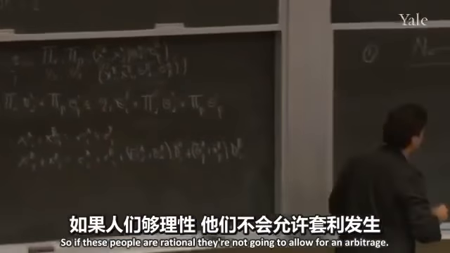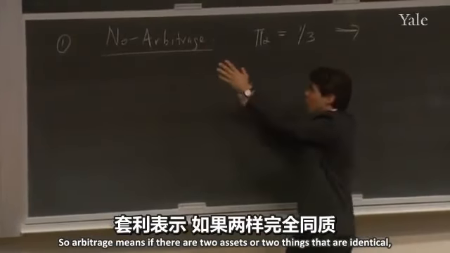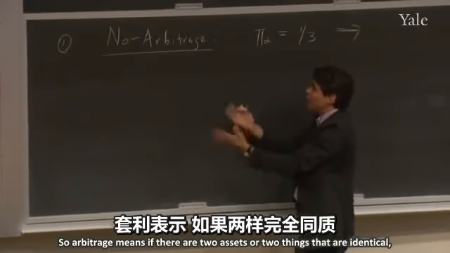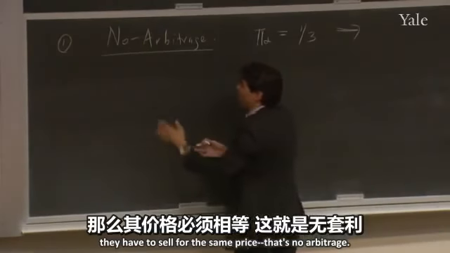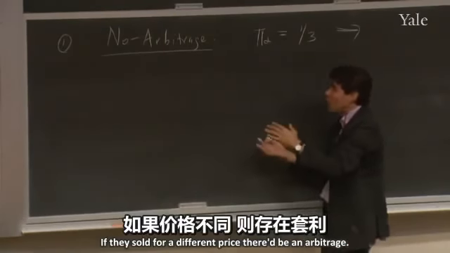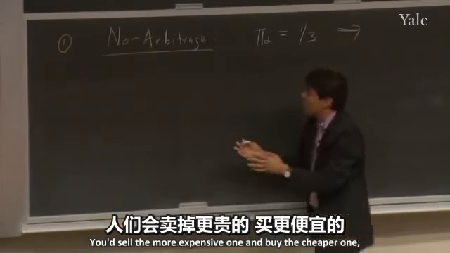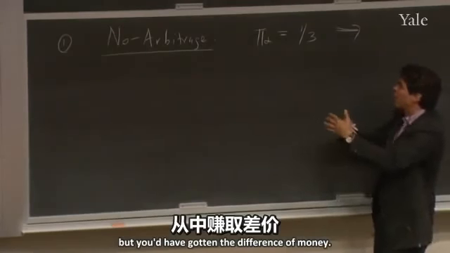So if these people are rational, they're not going to allow for an arbitrage. Arbitrage means there are two assets or two things that are identical. They have to sell for the same price. That's no arbitrage. If they sold for a different price, there'd be an arbitrage. You'd sell the more expensive one and buy the cheaper one, and so you'd have accomplished a perfect trade-off, but you'd have gotten the difference of money.